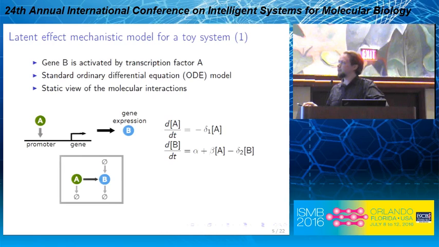We can consider a gene which is activated by a transcription factor A. Once the gene is activated, we obtain the gene product B. This simple biochemical mechanism can be summarized using this network where we have the interaction between A and B. Further, it's rather straightforward to construct the corresponding ODE model where we have the degradation mechanisms, basal activation, and then the component corresponding to the interaction between these two molecules.